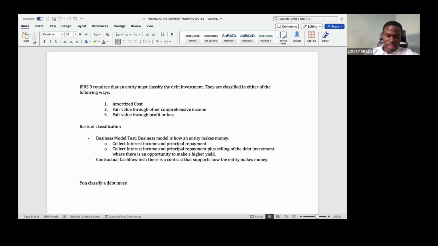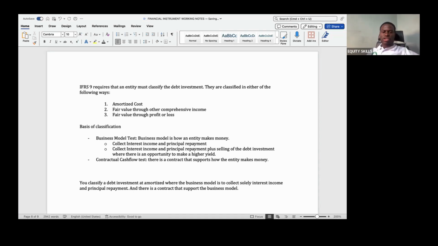You classify a debt investment at amortized cost where the business model is to collect solely interest income and principal repayments, and there is a contract that supports the business model.